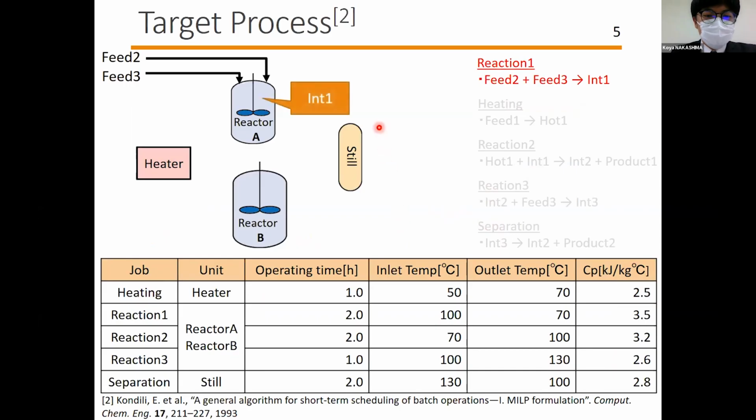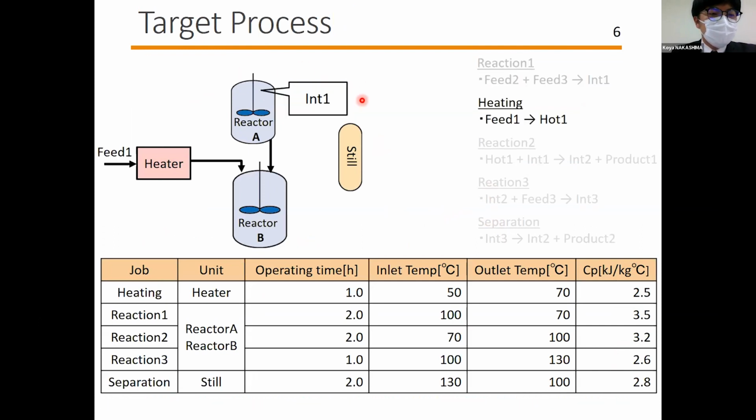This process first performs reaction 1 using feed 2 and feed 3 to produce intermediate 1. Next, feed 1 is heated by a heater to produce hot 1. Then, reaction 2 uses this hot 1 and intermediate 1 to produce intermediate 2 and product 1.